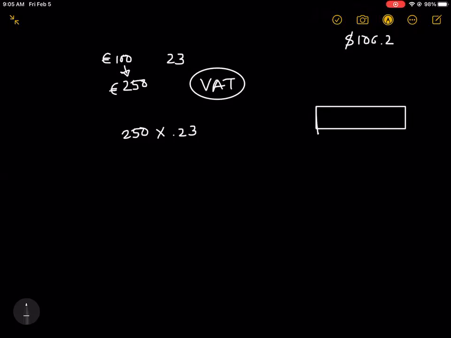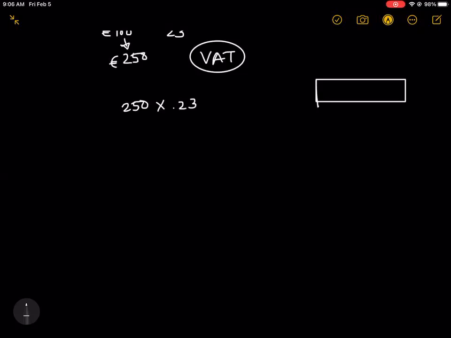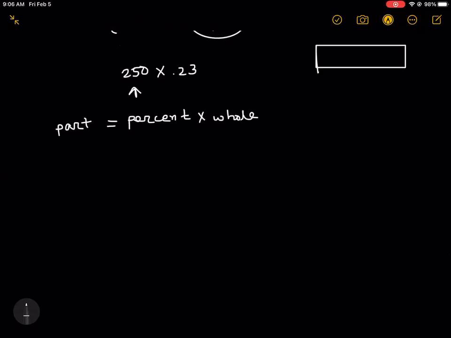That means if you have a percentage, how can you find the part of that, and vice versa as well. So as we're looking for the part, the VAT in this case, all we need is the percent times the whole amount. That's the formula for a particular portion of it.